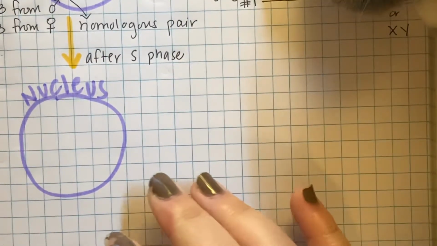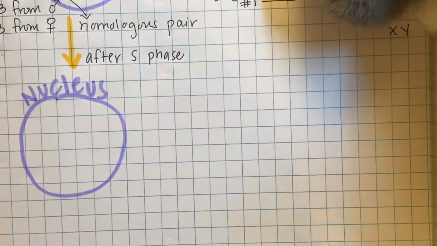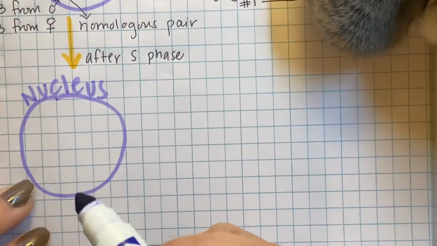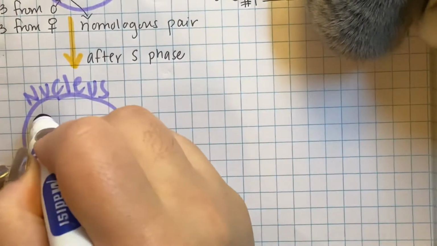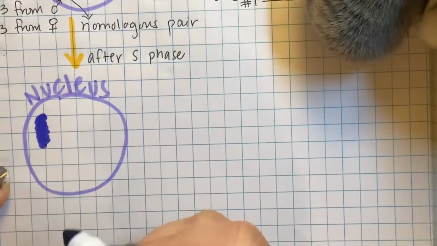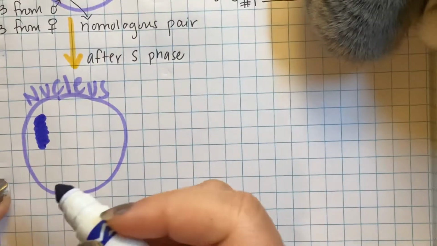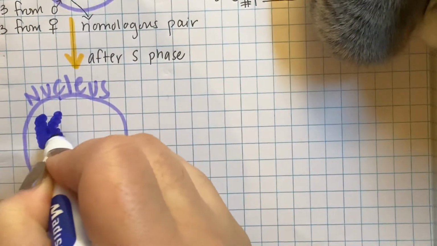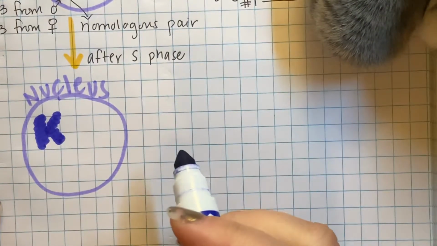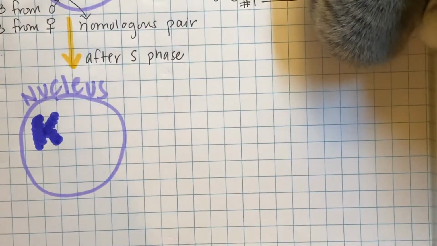Okay, so after replication, instead of having singular chromosomes, they're all gonna start looking like little X's. Where we had a single chromosome, it's now been replicated after the S phase, and so it will actually have two. I draw them like little K's just because it makes it easy.